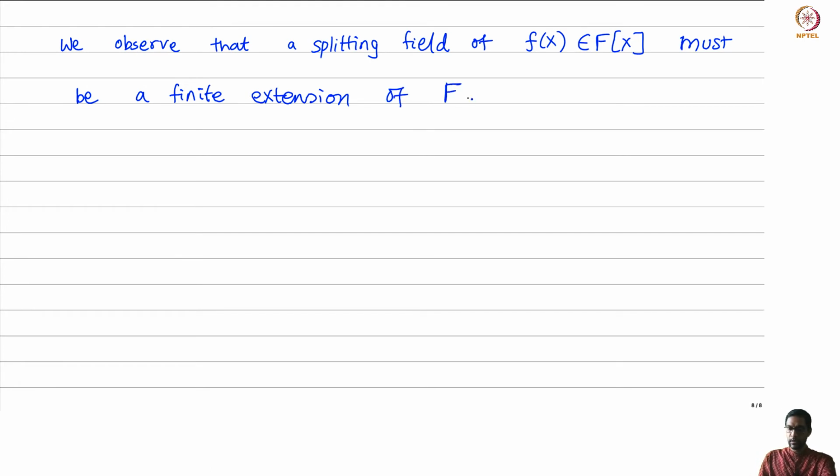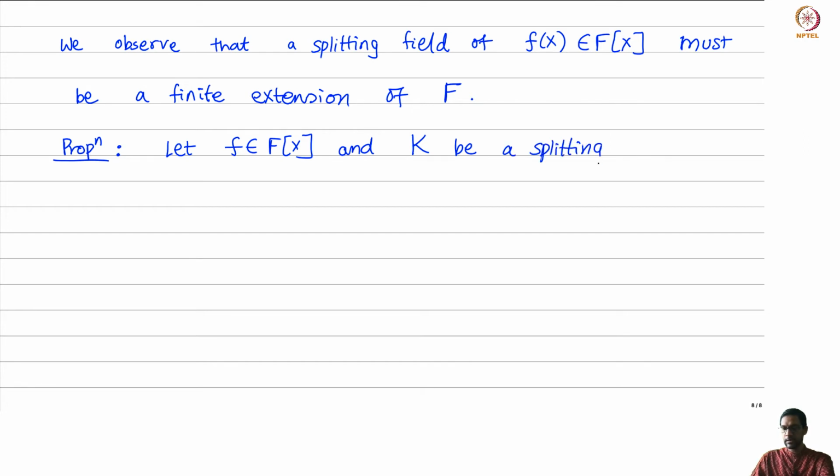Okay. In fact, here's a more quantitative proposition. It says: let f be a polynomial of degree n and K be a splitting field of f, we still haven't shown uniqueness.